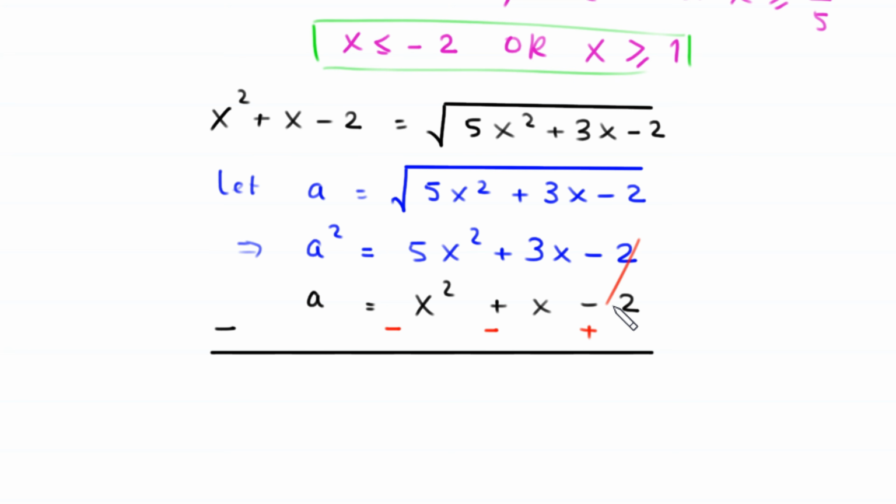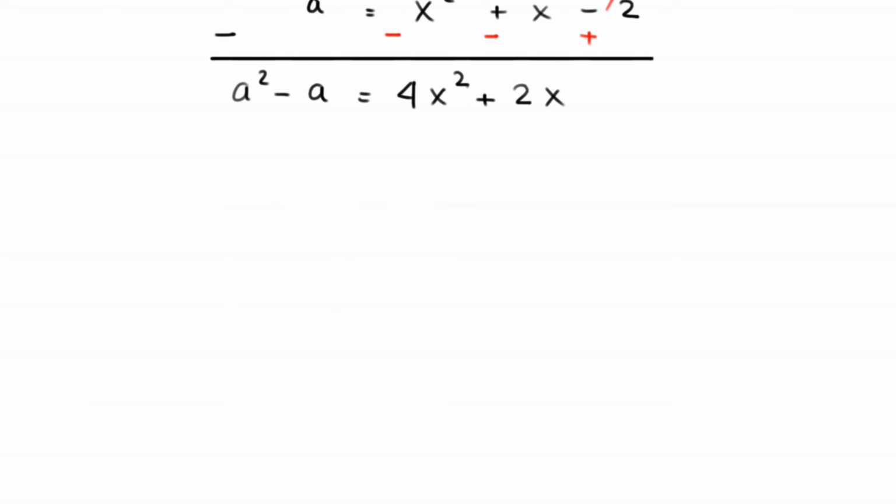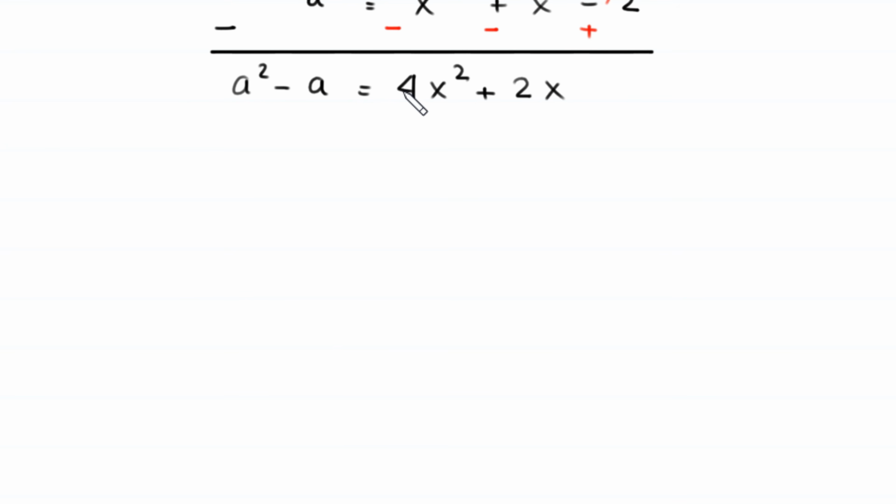This cancels out, and on the left hand side we are left with a squared minus a equals 5x squared minus x squared, which is 4x squared, plus 3x minus x, which is 2x. Moving these two terms to the left hand side, this becomes a squared minus 4x squared minus a minus 2x equals 0.